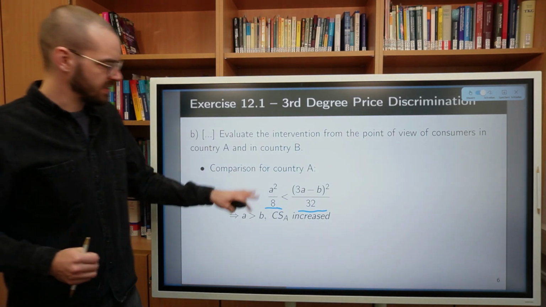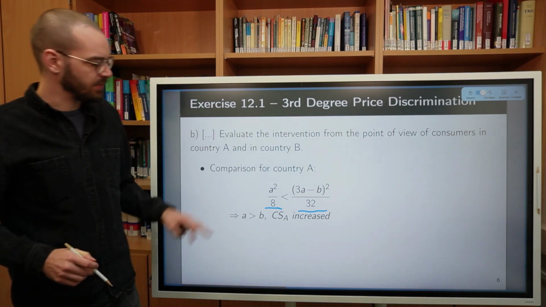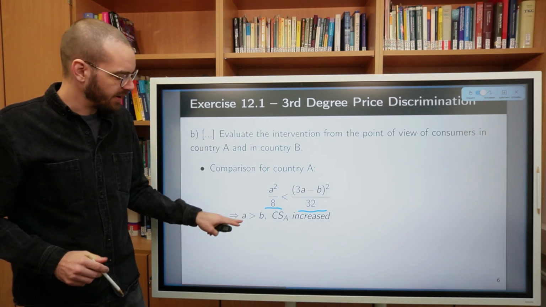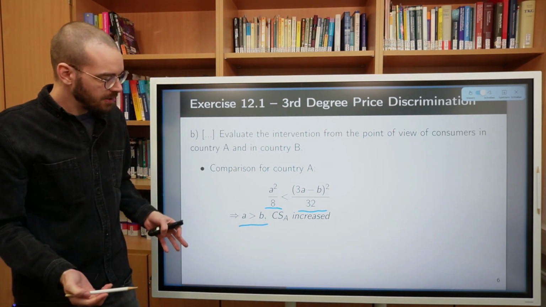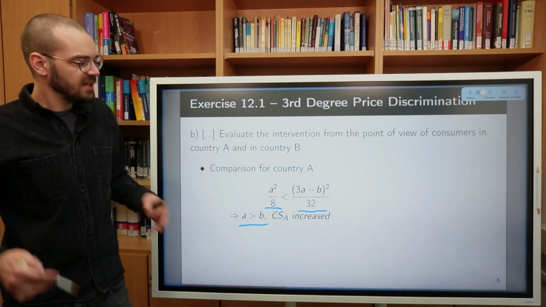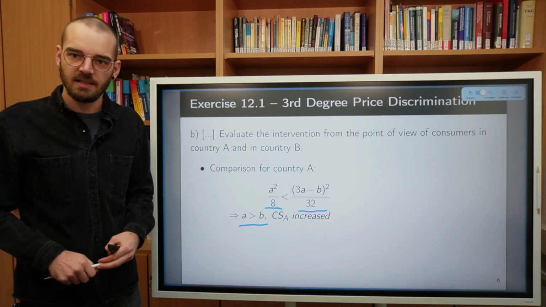All right, and what we can see from this expression is that for any situation where A is bigger than B, the consumer surplus in country A has increased.